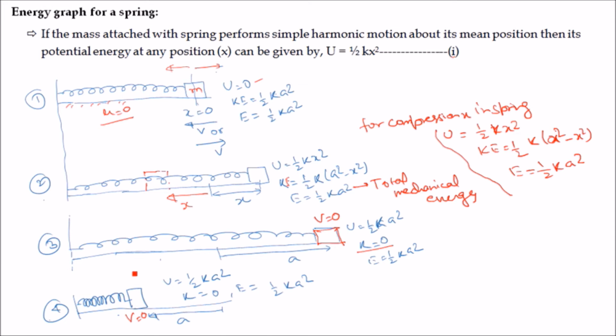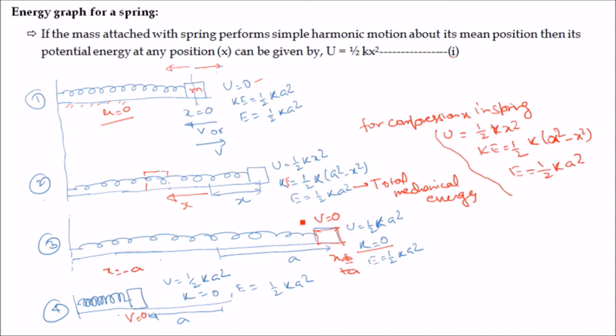So basically the object is moving from distance x equal to minus A to x equal to plus A in this way, and at the two extremes we have only potential energy, while we have maximum kinetic energy at the mean position where potential energy is equal to 0.